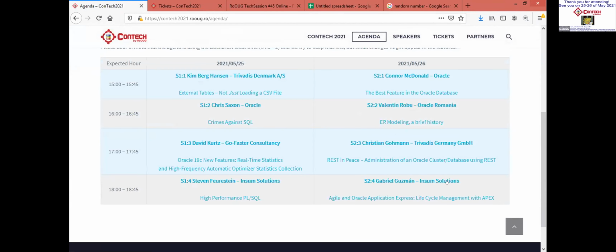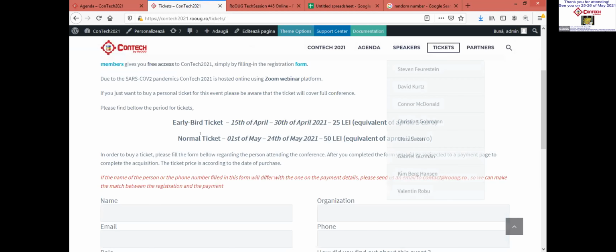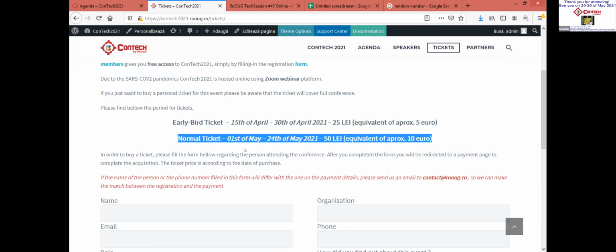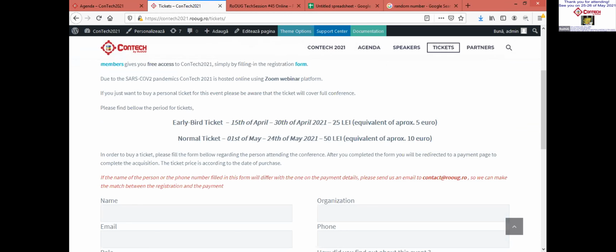Two of Trivadis colleagues of Markus, two people from Insum Solutions, and three people from Oracle, depending on which Oracle, Oracle Romania or Oracle Corporation. The tickets, now we are in the normal period, are about 50 lei, almost 10 euros.